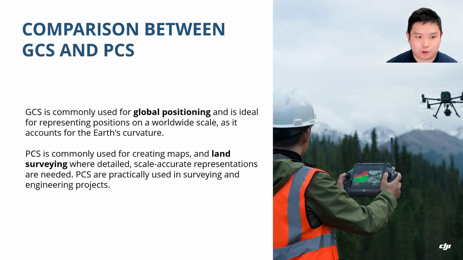The projected coordinate system is commonly used for mapping and land surveying, where detailed, accurate representation of your property is needed. For local surveying projects, construction, and civil projects, those are the scenarios where the projected or local coordinate system is commonly used.